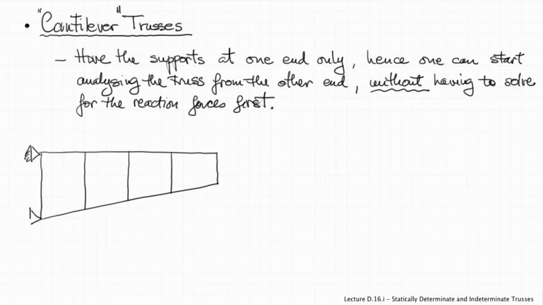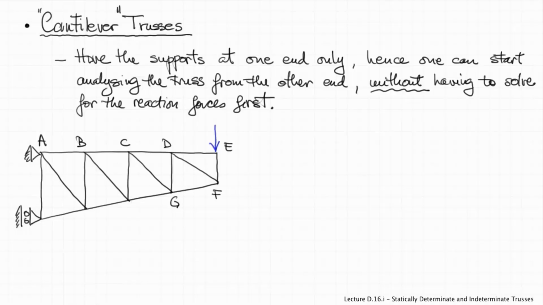So this is one, and you can see it's a horizontal truss and both supports are at the left end. It's like the support of a canopy or a balcony, which is supported only at the left end.